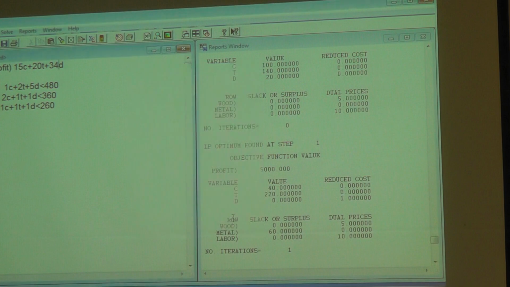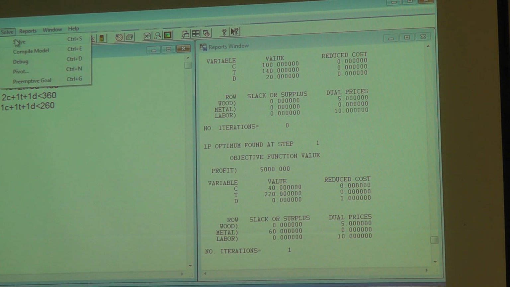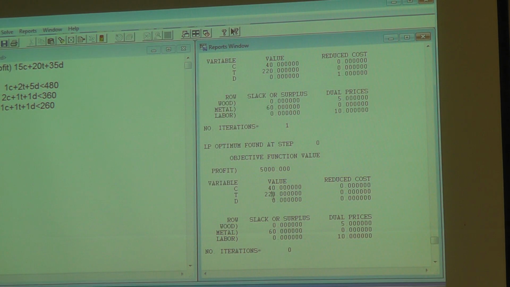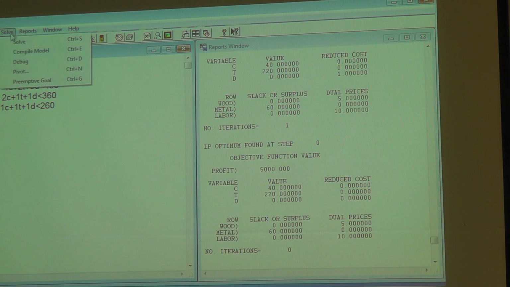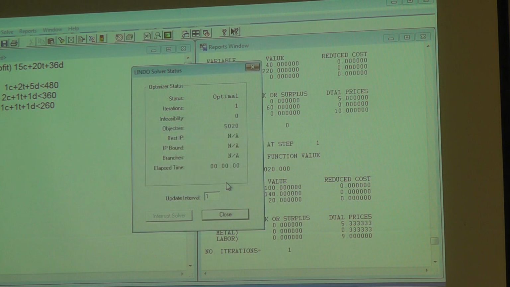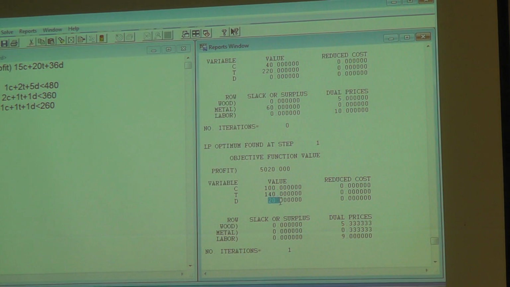And that's exactly what happens, 40, 120 and 0. If you try to solve this problem, which, as we know, should have several solutions, it will find just the previous one. We didn't want a change. Now, if you solve this problem, we should expect the doors to be produced. And here are 20 doors which are produced.